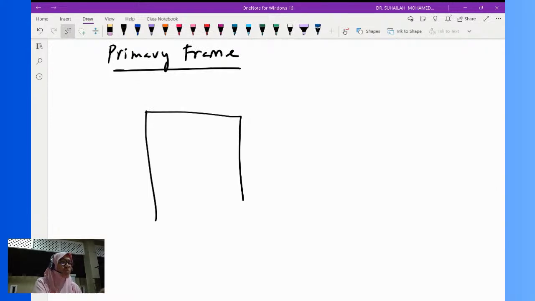Okay, we remove one from fixed, so it becomes pin here. We remove one from pin, it becomes roller. So we label AY or VA, this is DY, and this is AX.